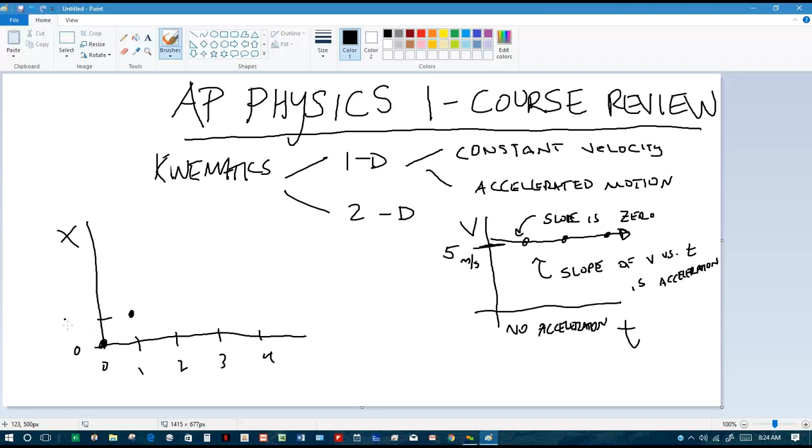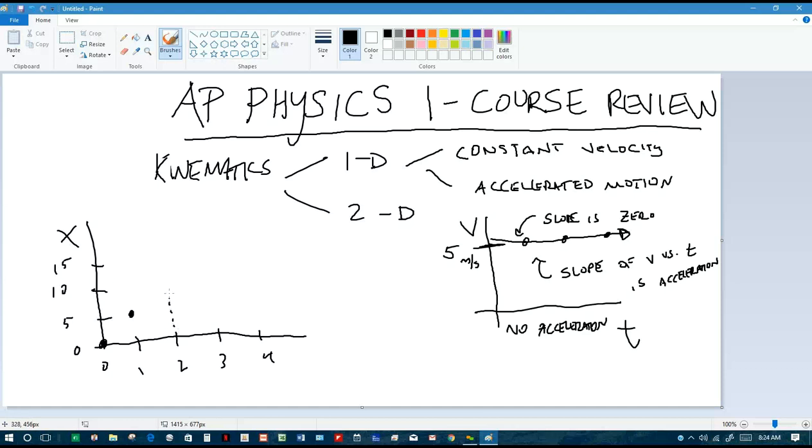And 1 second later, he's also at the 5 meter mark. At 2 seconds into accelerating, he won't be at the 10 meter mark because he's going to cover an extra distance in that second, a distance greater than 5 meters. So it won't be going from 5 to 10. It might go from 5 to, let's say, 12.